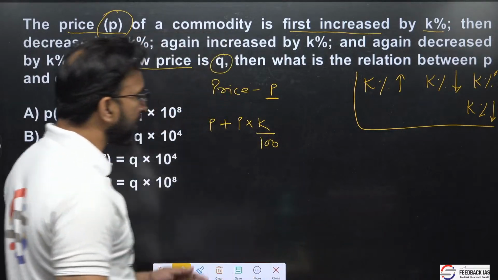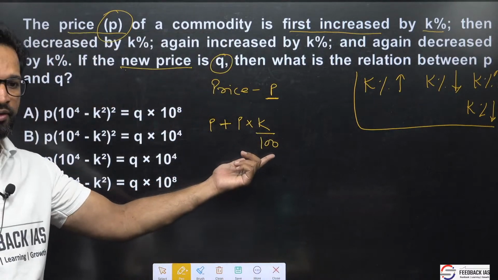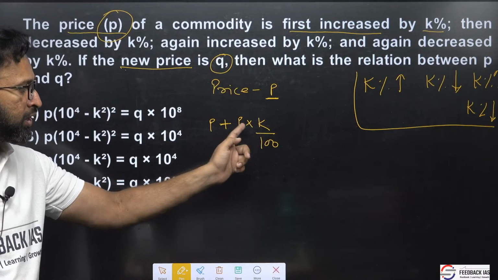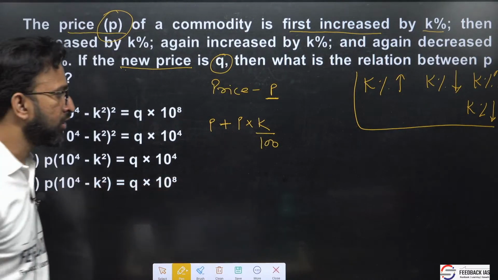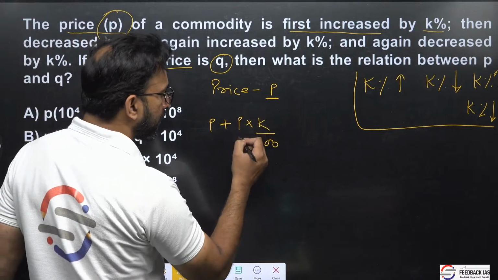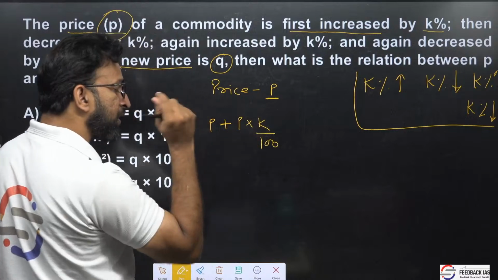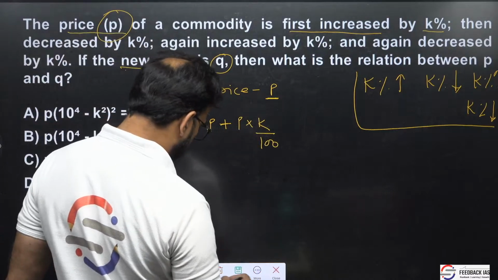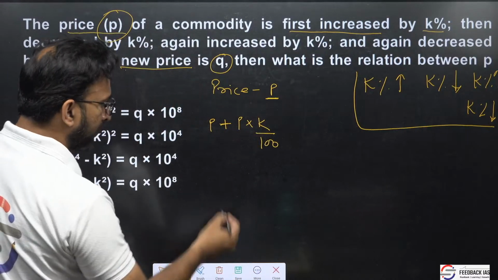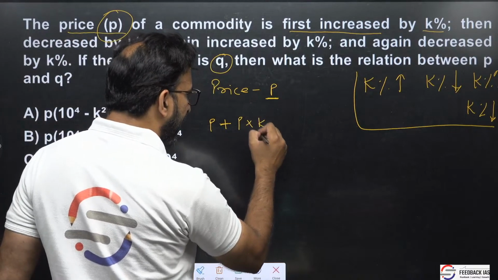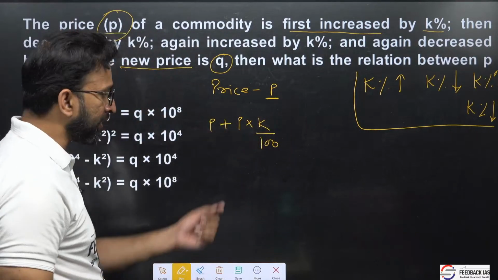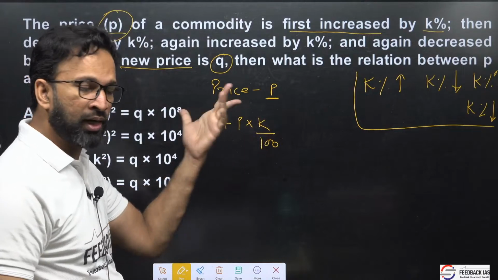Something is increased by K%, that is P into K by 100.